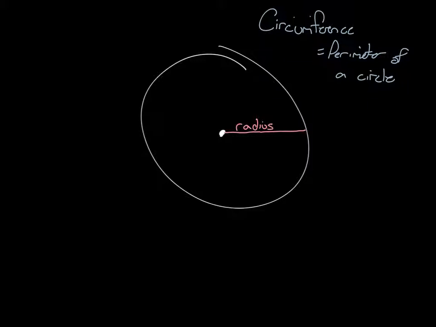We also have one called the diameter. The diameter is from edge to edge. It's important that you can label both of these. So radius is from the centre of a circle to the edge of the circle, and the diameter goes from the edge of the circle to the other edge, but must cross the centre of the circle.